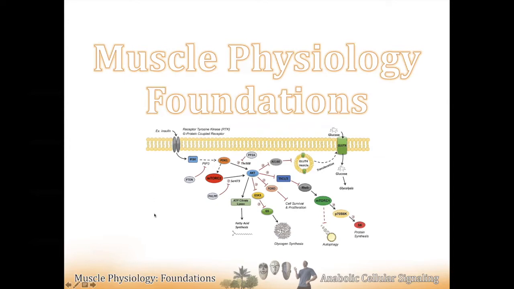So if we have an insulin receptor, it's a bunch of PI3K signaling. And remember, PI3K is going to convert PIP2 to PIP3, and then PIP3 is how we recruit PDK. So PIP3 is how we're going to get PKB phosphorylated.